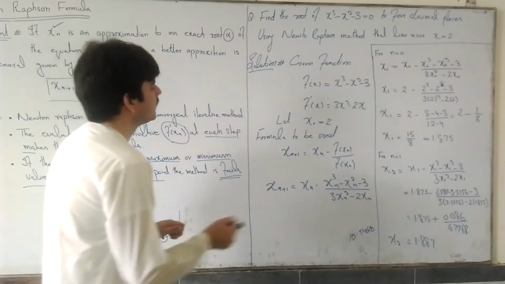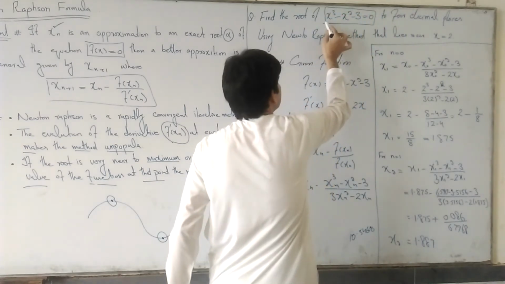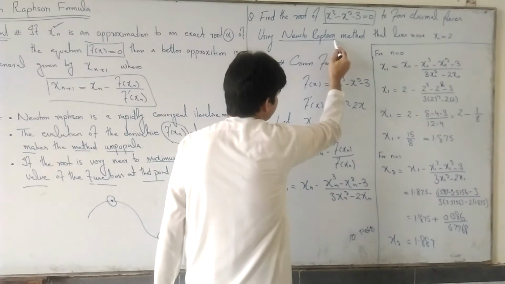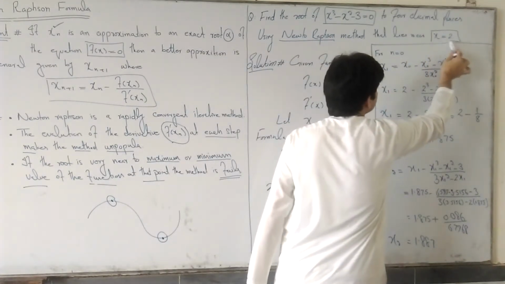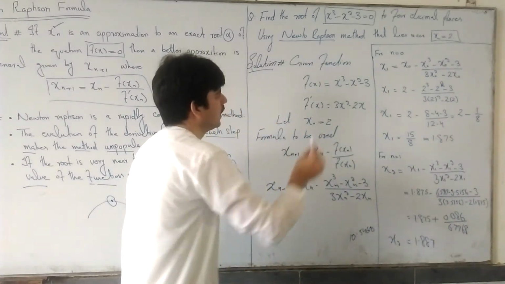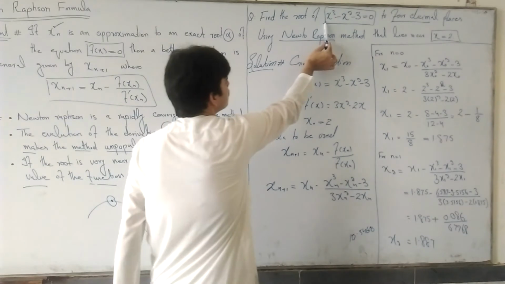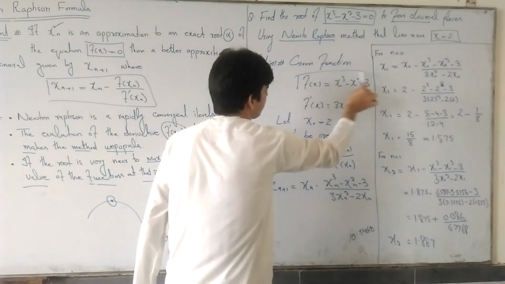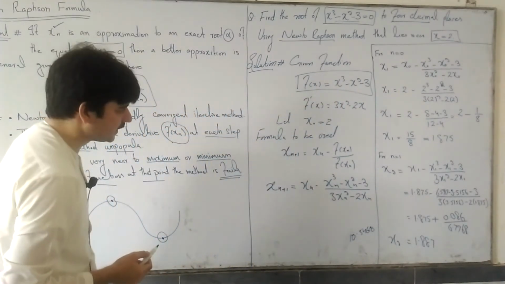We find the approximate solution for this equation by using Newton-Raphson method, where the root lies near x is equal to 2, up to 4 decimal places. The given function is f of x is equal to x cube minus x square minus 3.